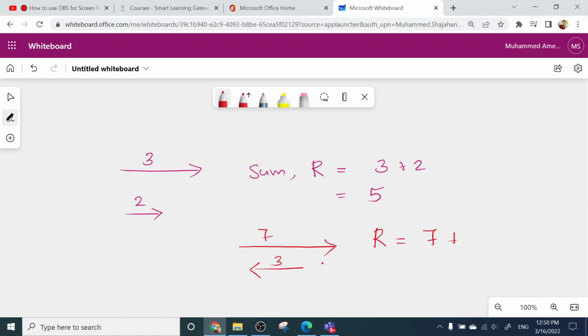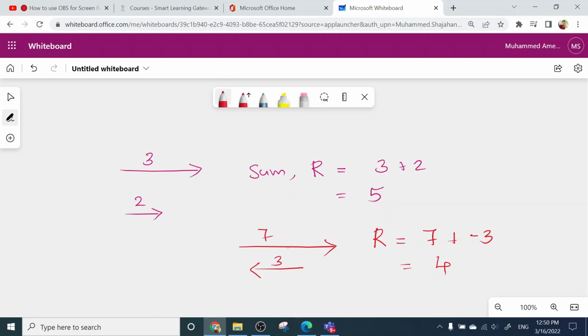This vector 3 is to the left side, so we will take it as negative, negative 3. 7 plus negative 3 is 4. This is how we add vectors when they are acting in one dimension.